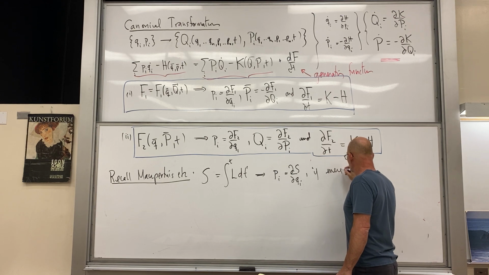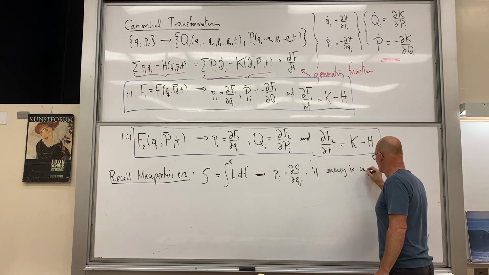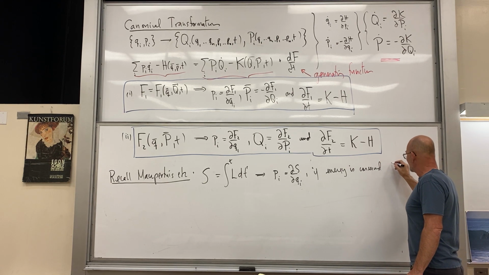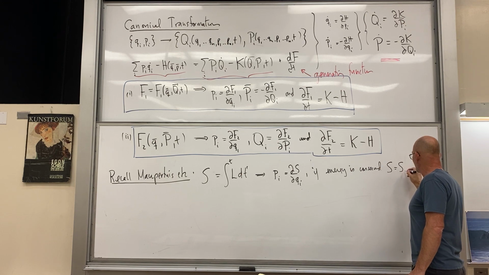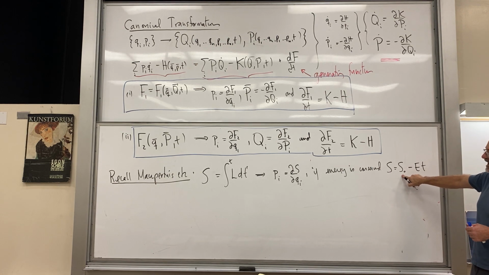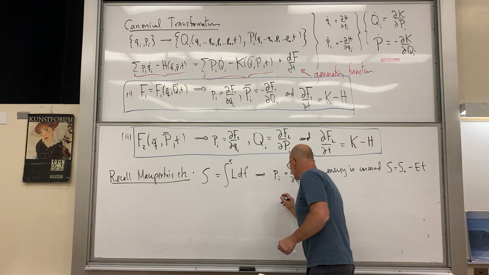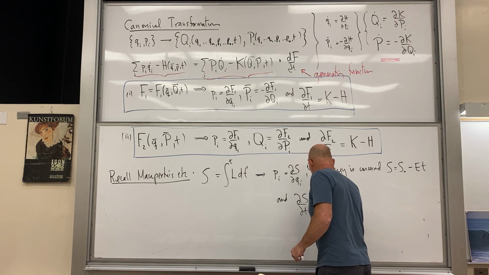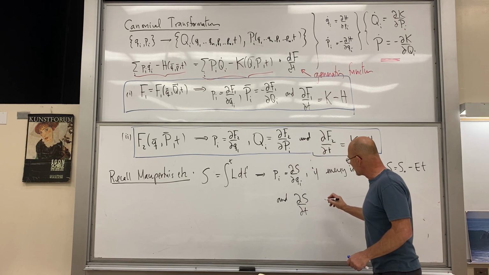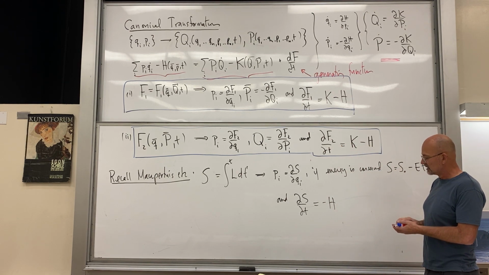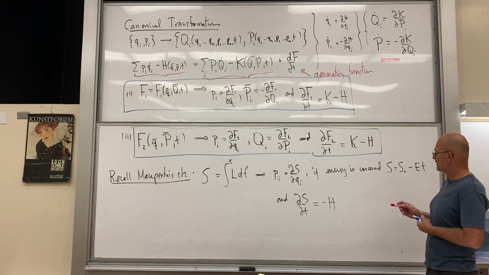If energy is conserved, we had S equals S naught minus E times T, where S naught was the restricted action. That's where we got to the principle of Maupertuis. And dS dt plus H equals 0, or I could write equals minus H. So yeah, let's put a box around all these as well.